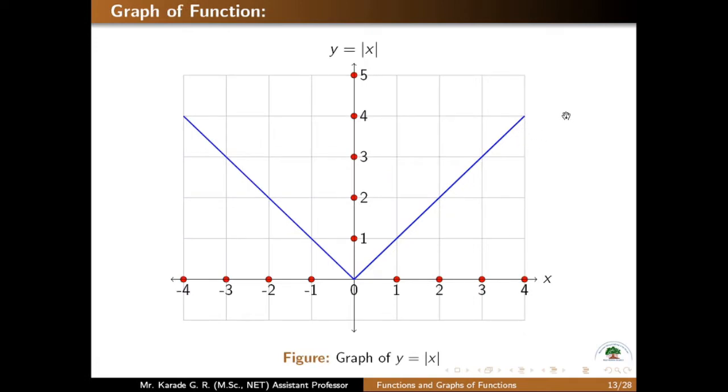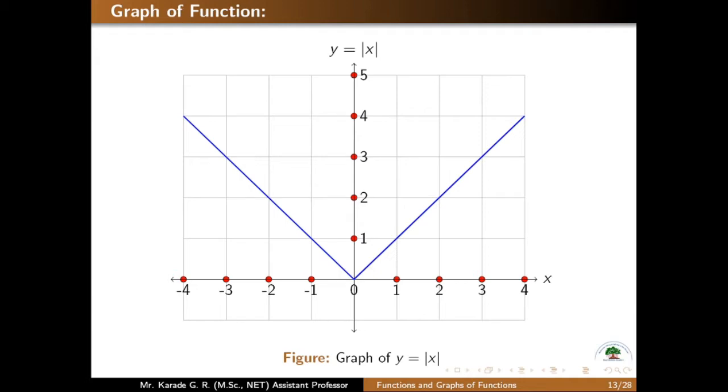So let us take the first function y equal to mod x, and this is the graph of function y equal to mod x. As we have seen, it is defined for all real numbers. We have taken part of the whole graph. So its domain is the closed interval minus 4 to 4, and the range of this function is the closed interval 0 to infinity.